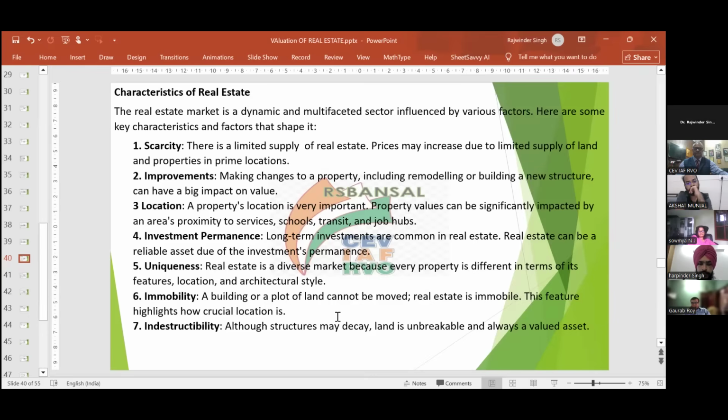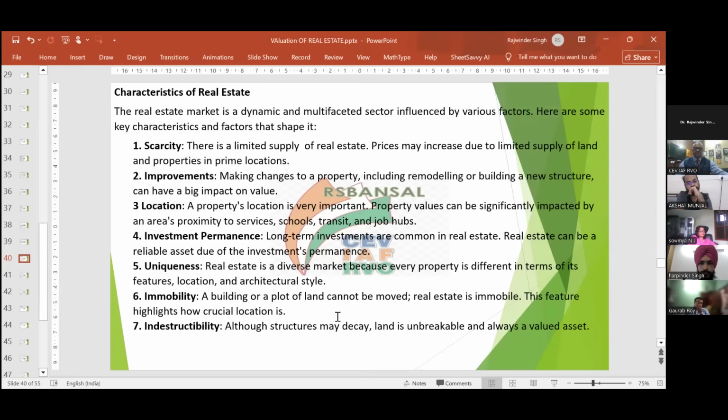And then investment permanence. Most of the investors invest in real estate because of long-term investment. It can be a reliable asset.